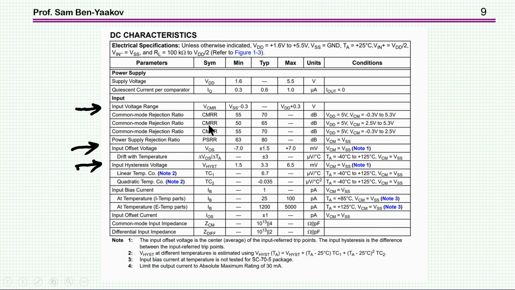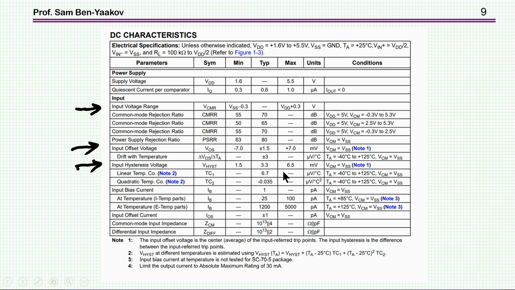Now let's have a look at the table here. We see the input voltage range is indeed from minus 0.3 to plus 0.3, which is just the full range. The input offset voltage is 1.5 millivolts, up to a maximum of 7 millivolts, which is also okay for our application. It's not that sensitive. Then we have a built-in hysteresis, which is also pretty nice, like 3 or 6 millivolts.